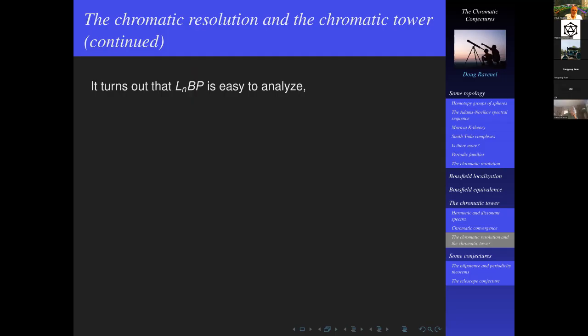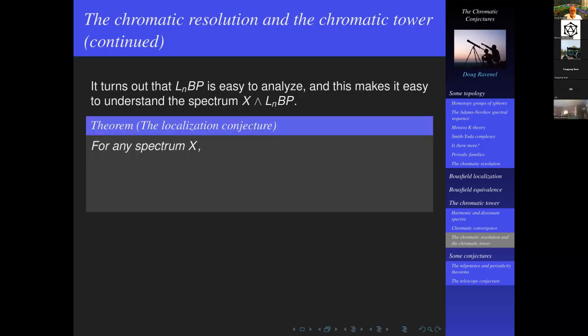It turns out that it's not hard to figure out what you get if you apply Ln to BP itself. So it's easy to understand the spectrum that you get by smashing X with Ln of BP.